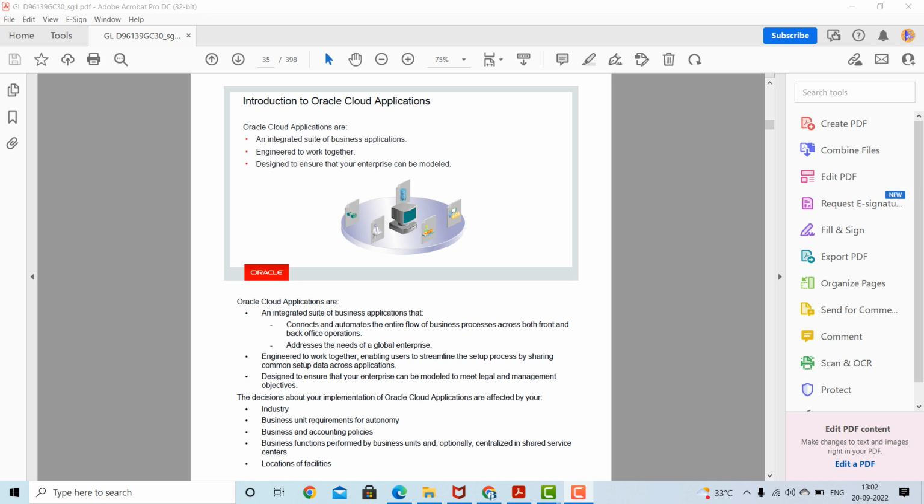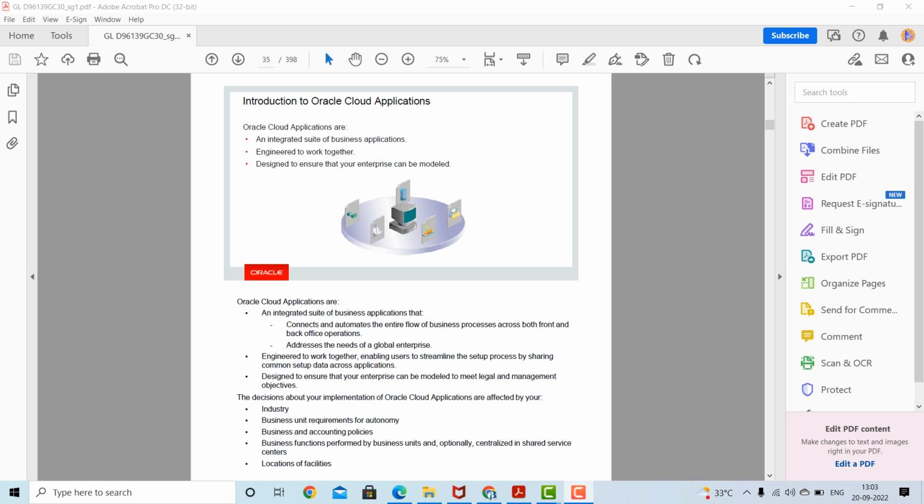So we are starting with the introduction to Oracle Cloud Applications, an integrated suite of business applications engineered to work together, designed to ensure that your enterprise can be modeled. Oracle Cloud Applications are an integrated suite of business applications that connects and automates the entire flow of business processes across both front and back office operations, and addresses the needs of the global enterprise.